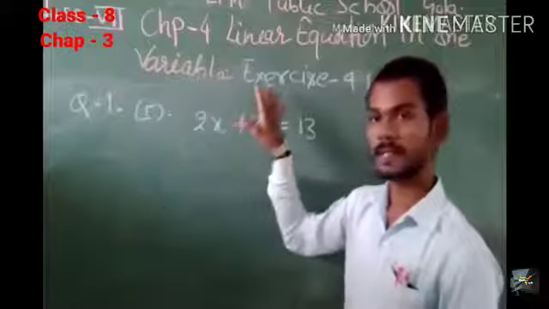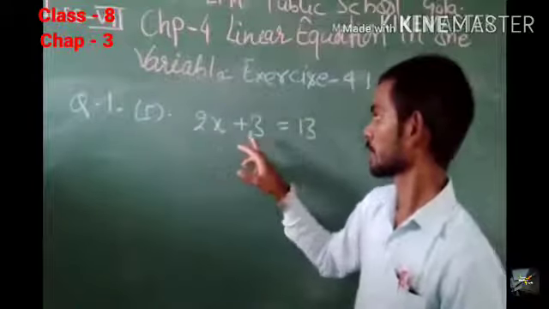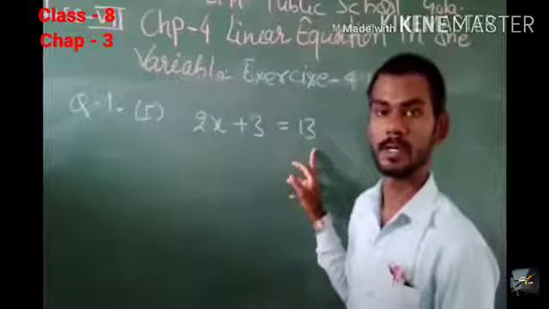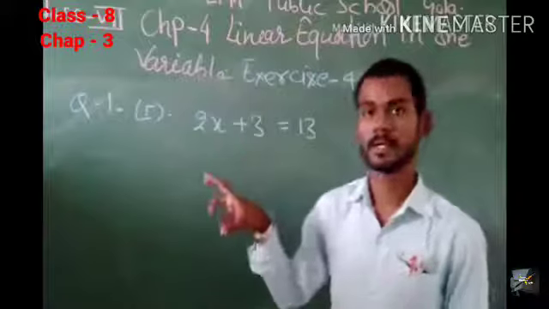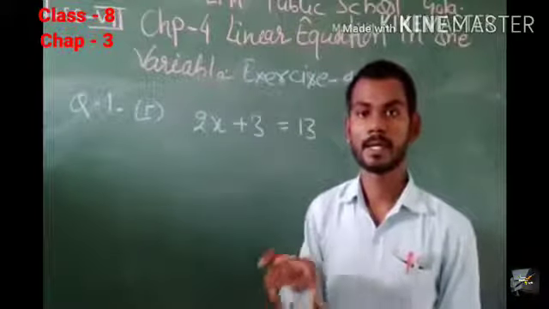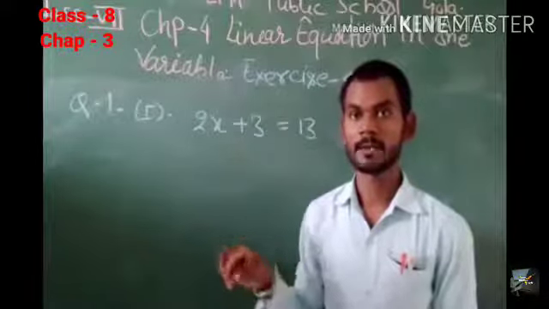The exercise 4.1 question number 1: 2x plus 3 is equal to 13. We will solve this question by the method of simultaneous operation on both sides of an equation.